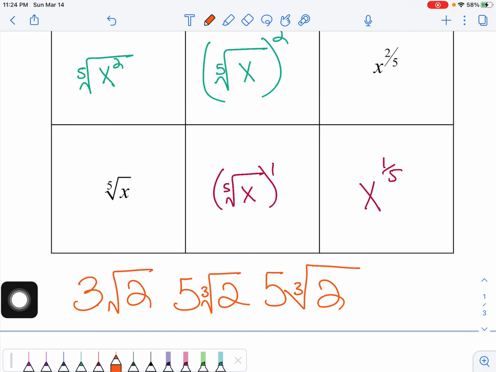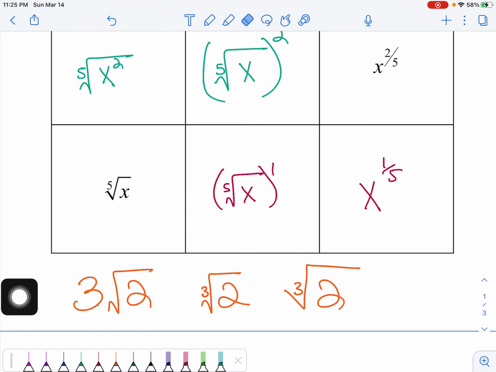But whatever you do, make sure the notation works, because I promise, if you write this 3 times root 2, but you were supposed to have written the cube root of 2, these are very, very different, and mathematically these just aren't the same, all right?